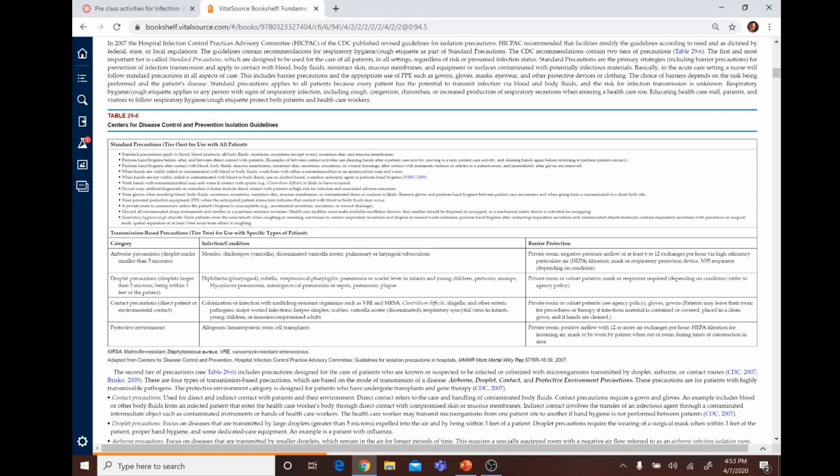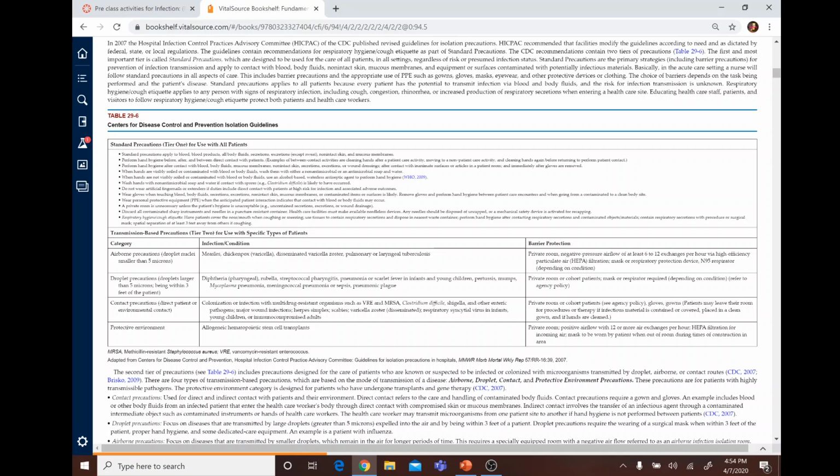So, what types of conditions or infections need airborne precautions? Measles, chickenpox, disseminated varicella zoster, pulmonary or laryngeal tuberculosis. What are the barrier protections for these types of conditions? Private room, negative pressure room, mask or respiratory protective device, like the respirator.